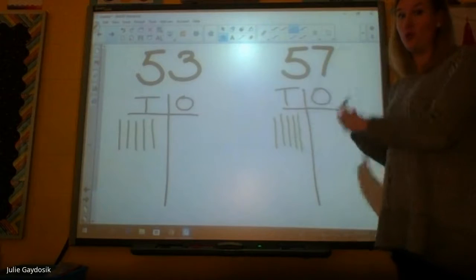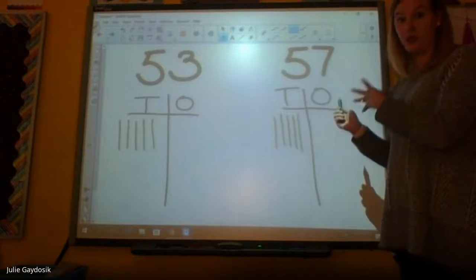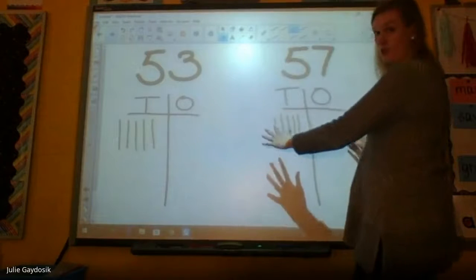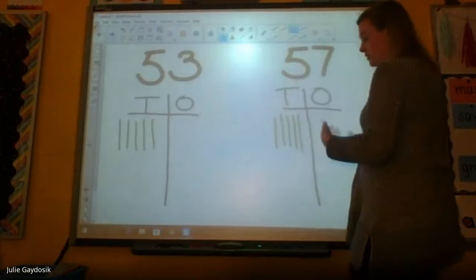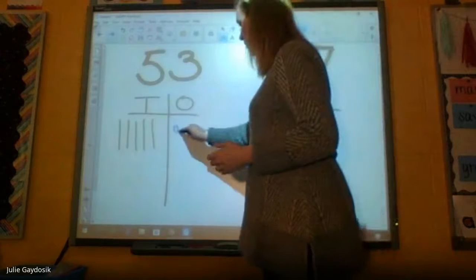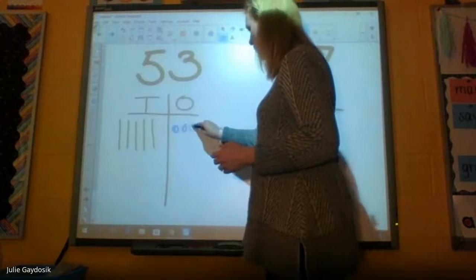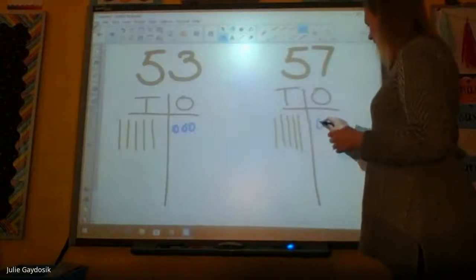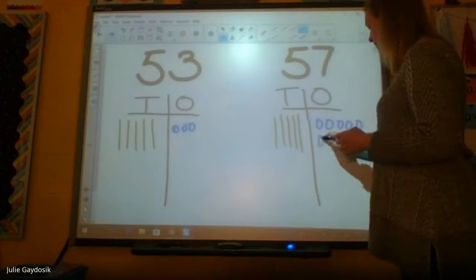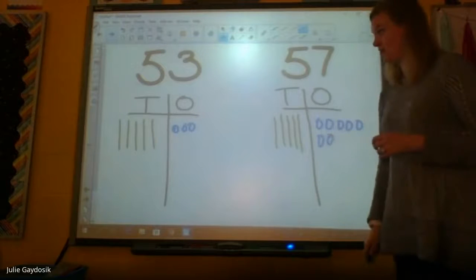We have to go to the ones to figure out which one's greater and which one's less. You always start with the tens first, and then you go to the ones with less than, greater than, or equal to. For the ones, I have 1, 2, 3, and I have 1, 2, 3, 4, 5, 6, 7.